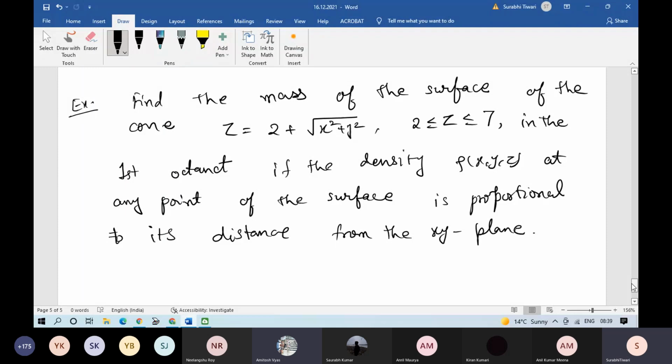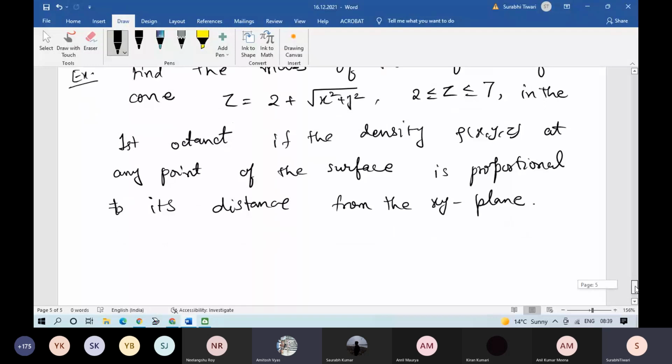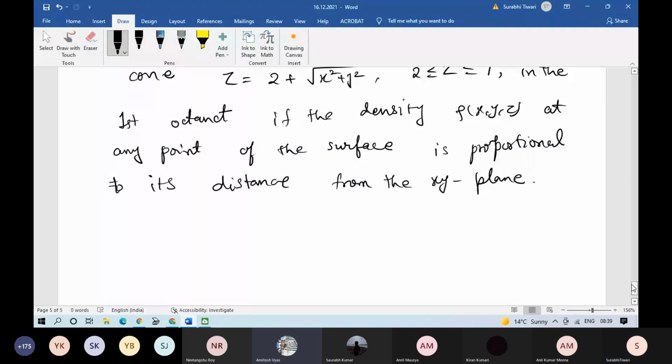ठीक, तो सिंपल क्वेश्चन में बोल दिया गया है xy प्लेन, मीन्स z is a function of x, y वाला सरफेस इंटीग्रल का फॉर्मूला लेना है, प्रोजेक्शन xy प्लेन पे लेना है. Now it is given that rho(x,y,z), the density, is proportional to the distance from the xy plane. Distance from the xy plane क्या होता है? Z coordinate of the point.